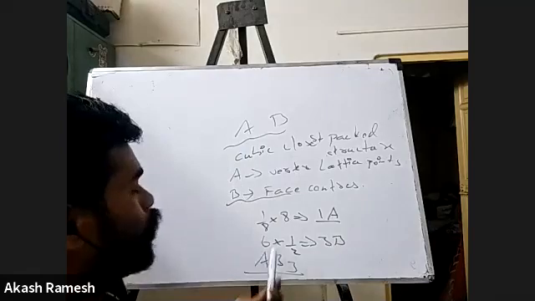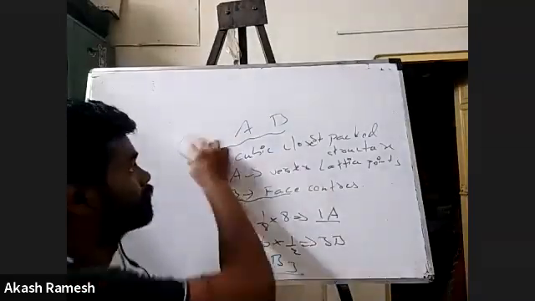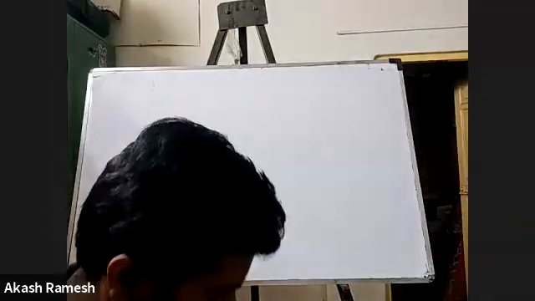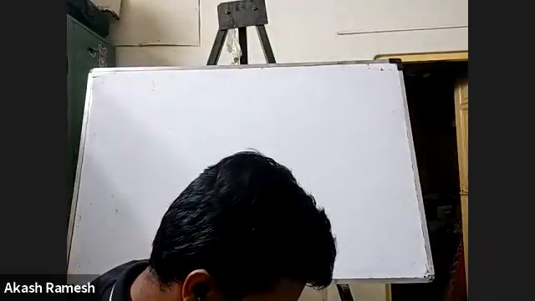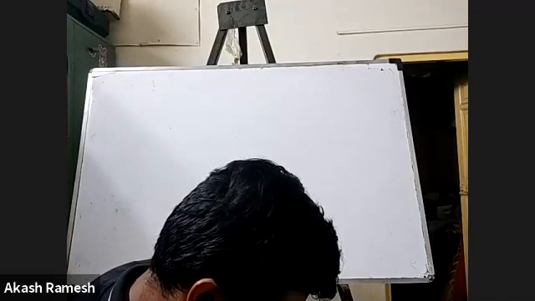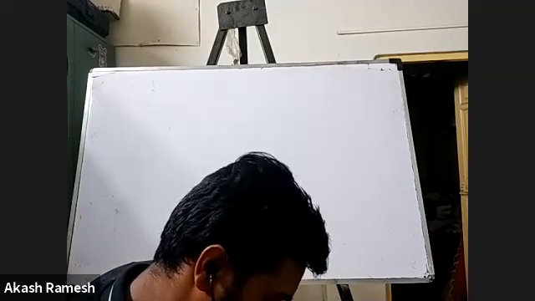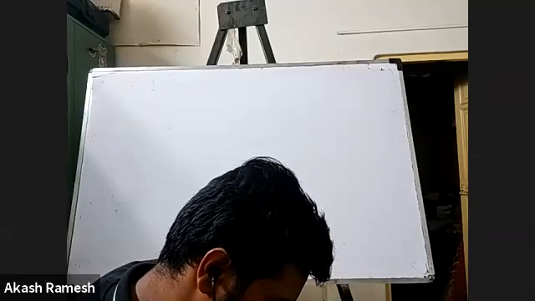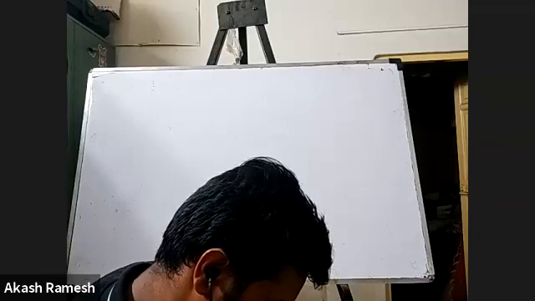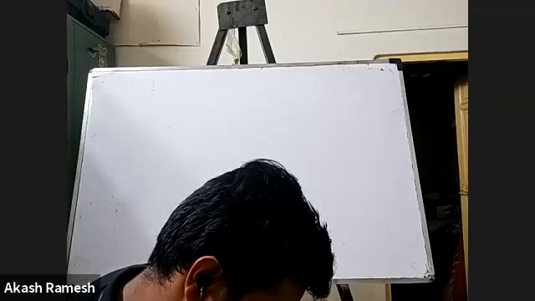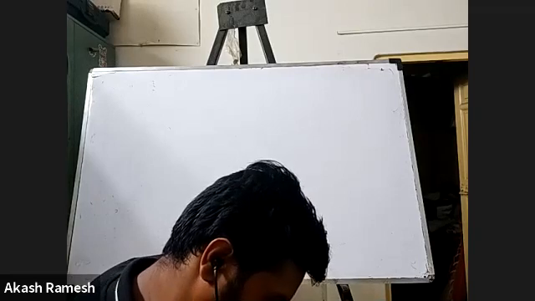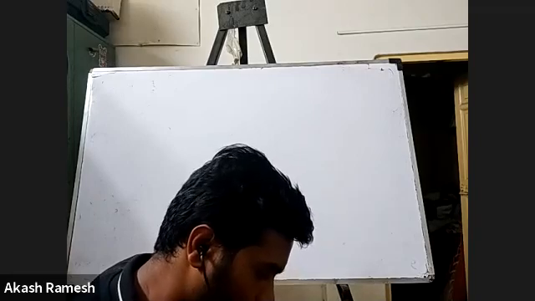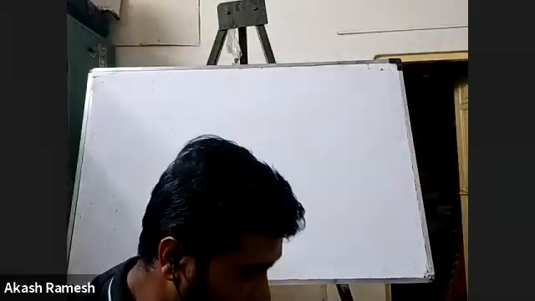So when we go for defects, maybe I'll ask you directly questions. What type of stoichiometric defect is shown by AgBr and AgI?